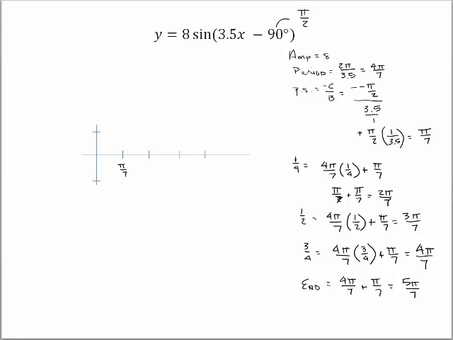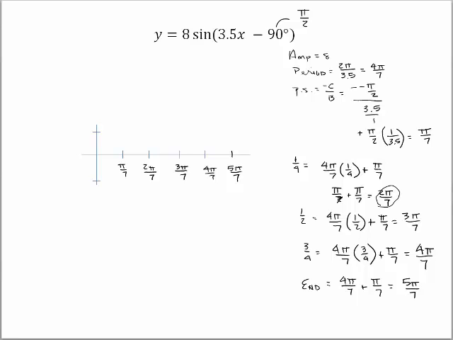And what was our quarter point? 2 pi over 7 and 3 pi over 7 and 4 pi over 7, and we're going to end at 5 pi over 7. Boy, that came out a lot easier than what we started, didn't it?